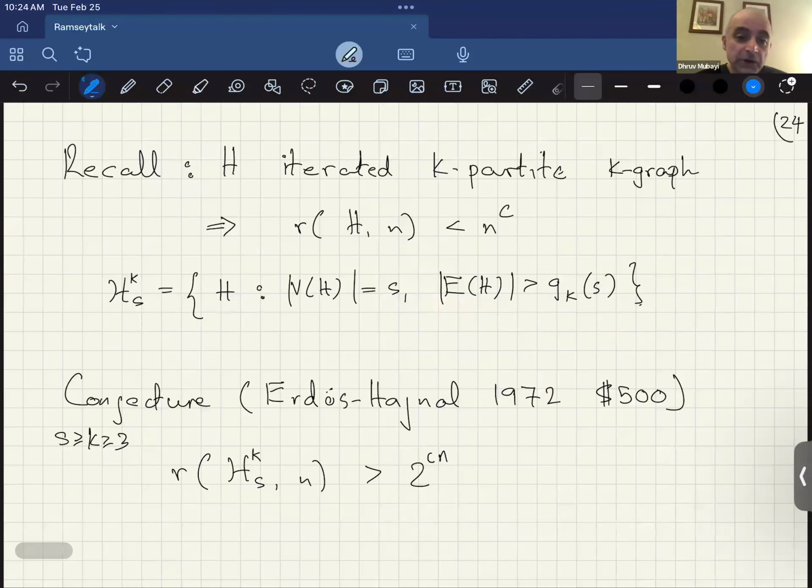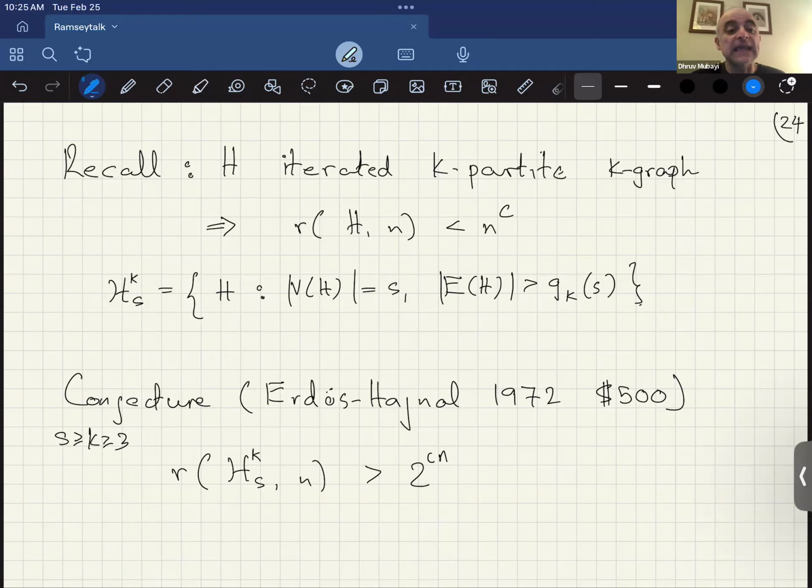And recall that if you're iterated k-partite, you have polynomial Ramsey number. We can define the collection of hypergraphs which have more edges than iterated k-partite ones do. So H(s,k) is going to be all s-vertex hypergraphs with more than g_k(s) edges.